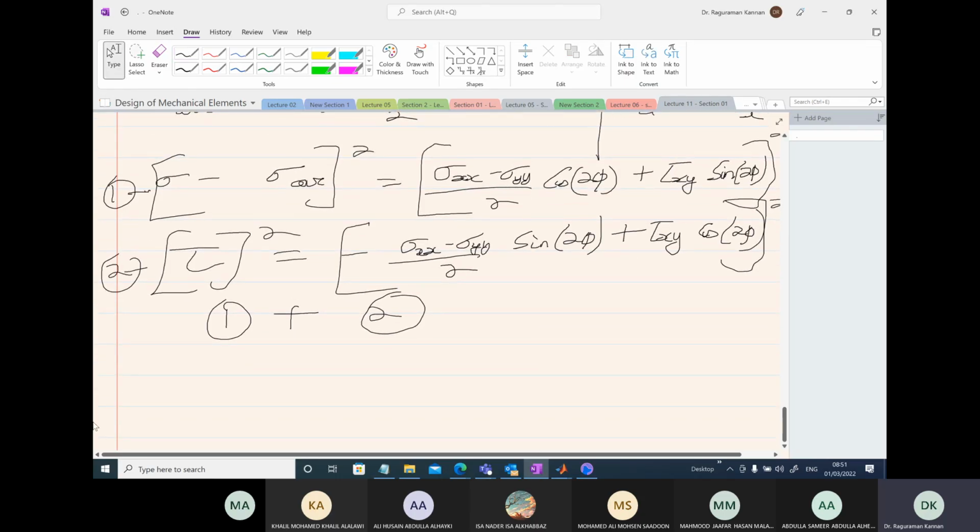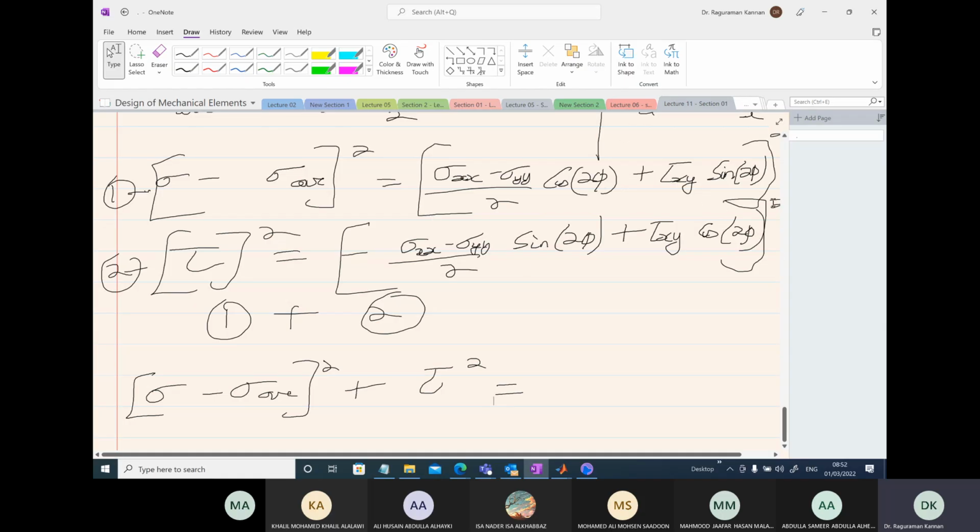So if I do that, I'm going to get (sigma minus sigma average) whole square plus tau square. On the right hand side, these two terms have the form (a plus b) whole square.